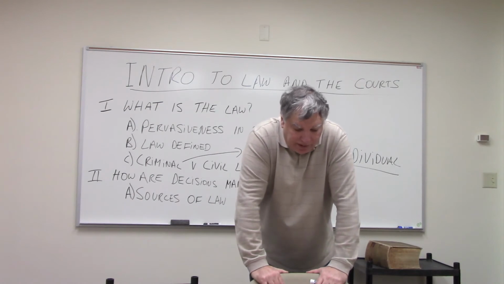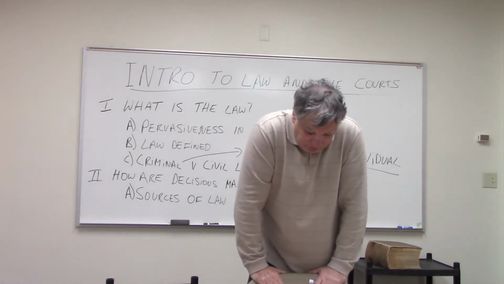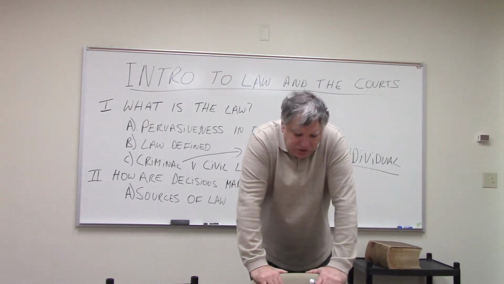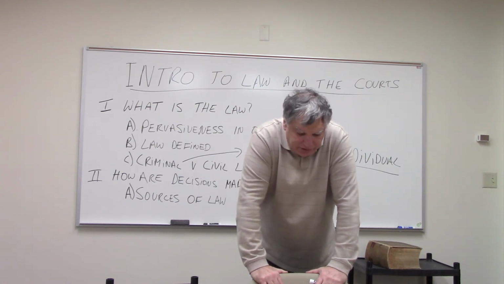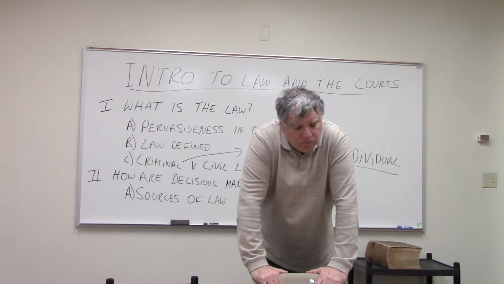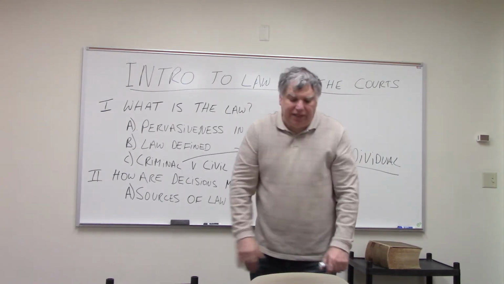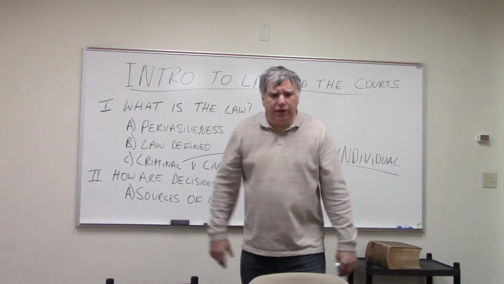We can talk about an accident. Those kinds of things. So the civil law defines relationships between individuals, and it defines their respective legal rights and obligations. Civil law is trying to resolve disputes between individuals.